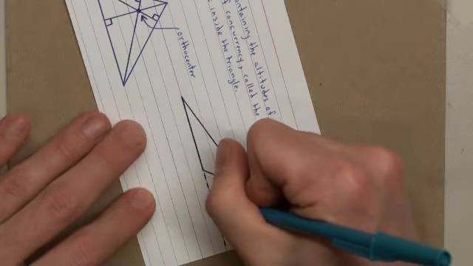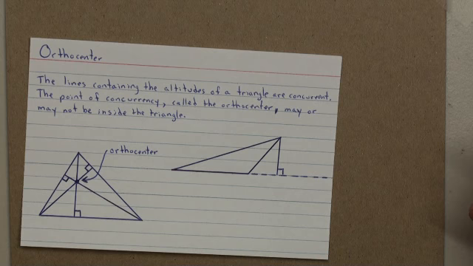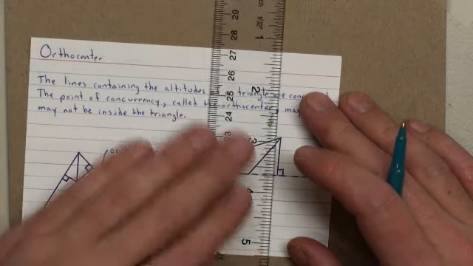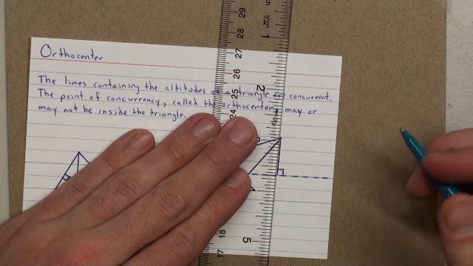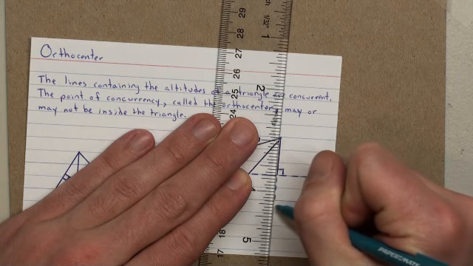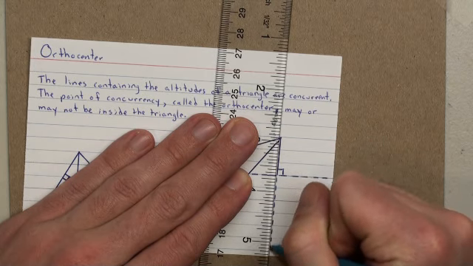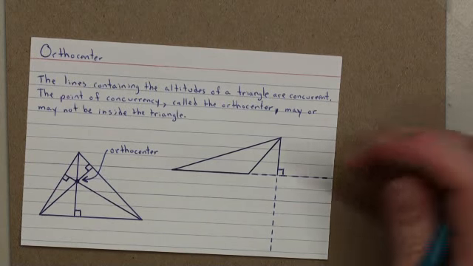Okay, so there's my first altitude. Alright, now I'm also going to extend my altitude down with a dotted line, just like this. Pretty much to the edge of my paper, and you'll see why I'm doing that in a second.